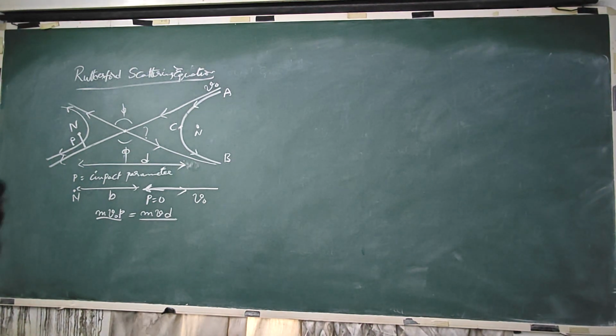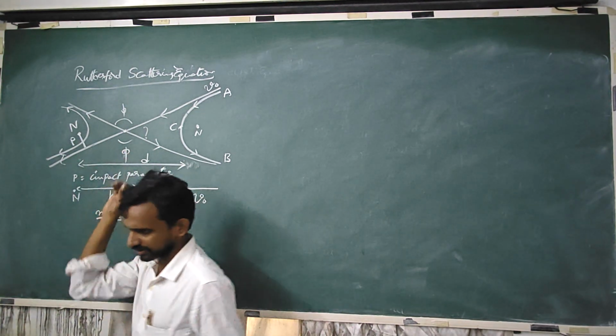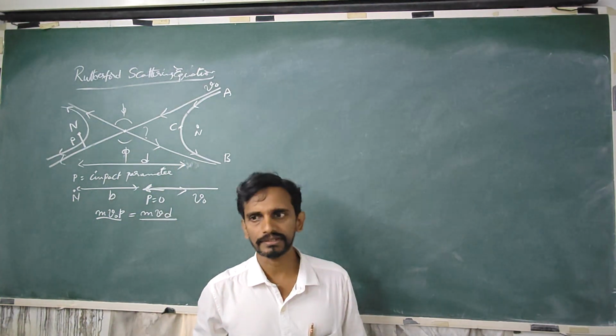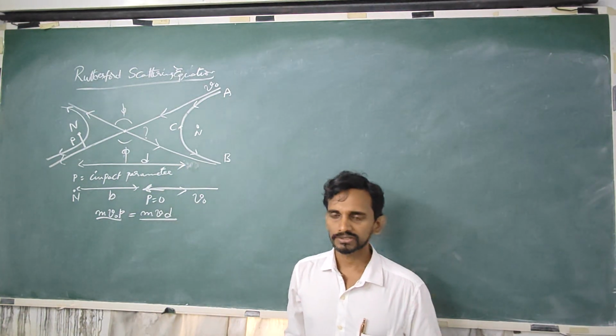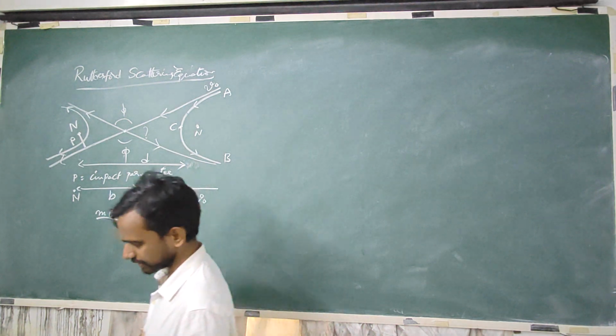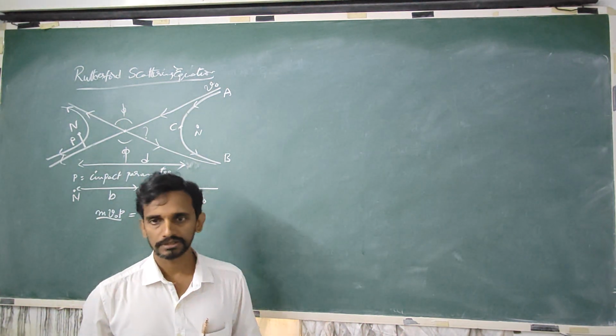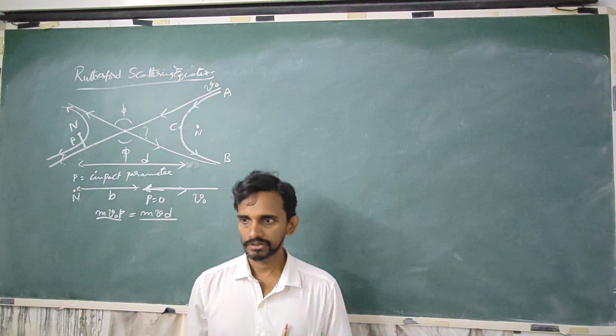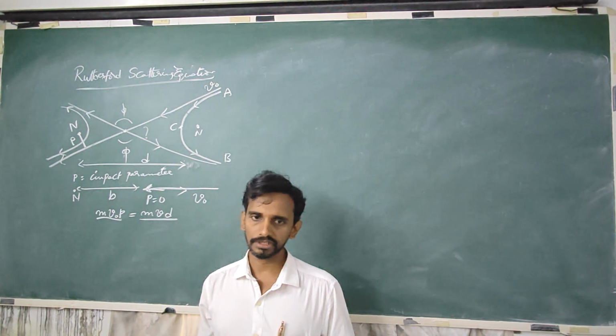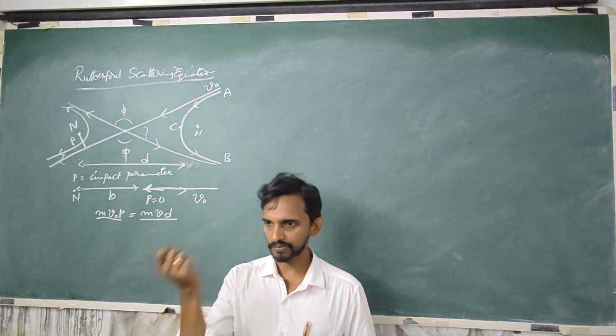Here, which conservation law we should apply is a matter of discussion. We have to consider the nature of the potential. The potential is spherically symmetric, so at a fixed distance from the nucleus, the force experienced by the particle is constant.